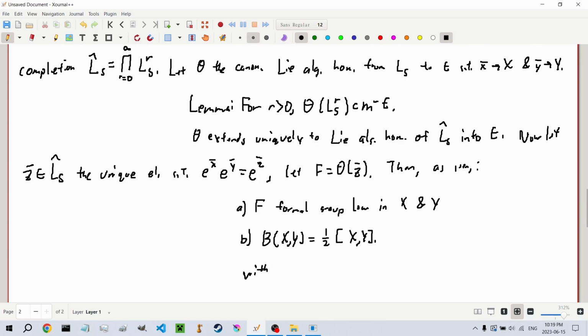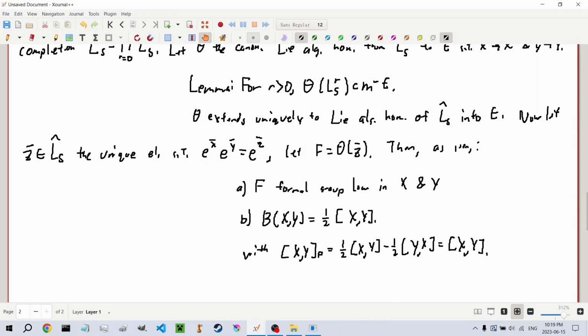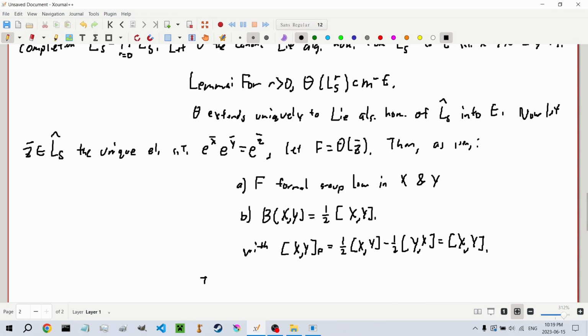And this gives us, of course, that the f bracket of x and y is 1/2 of the bracket of x and y minus 1/2 of the bracket of y and x, which is, of course, just the bracket of x and y. This motivates another theorem, which just says that f is convergent.